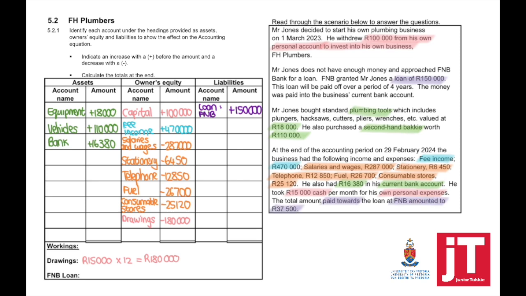Then it says the total amount paid towards the loan was 37,500, which means that will decrease our loan with minus 37,500.